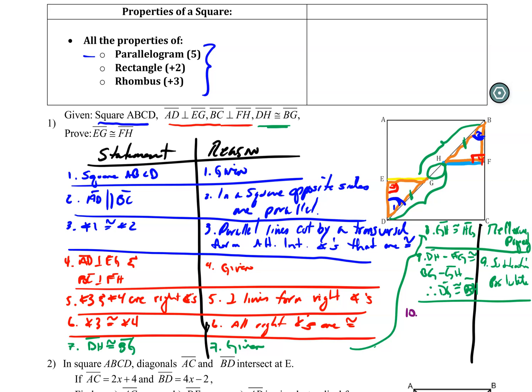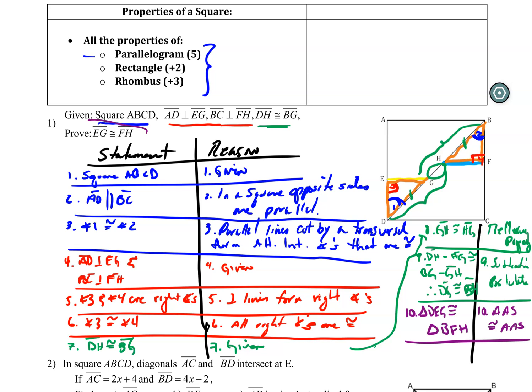So we can now make the claim that triangle DEG is congruent to triangle. D matches up with B, E matches up with F, G matches up with H, and that's angle, angle, side is congruent to angle, angle, side.